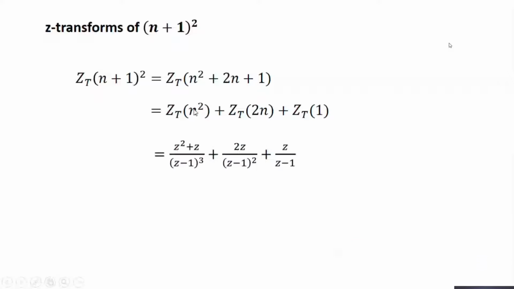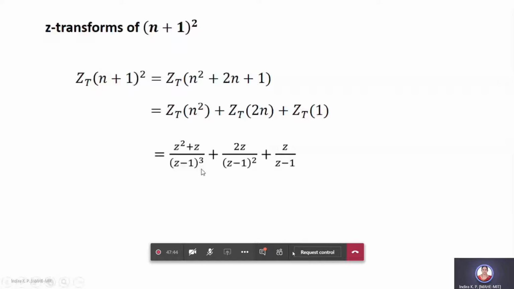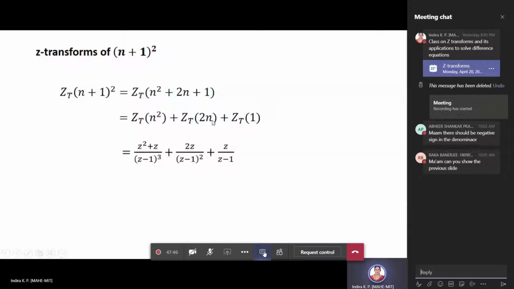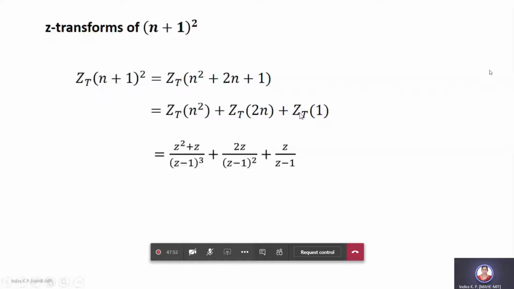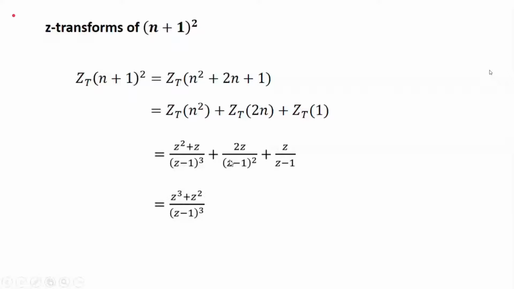Now what is the z transform of n squared? It's z squared plus z by z minus 1 whole cube. What is the z transform of 2n? 2z by z minus 1 whole squared, and the z transform of 1 is z by z minus 1. So make z minus 1 whole cube the common denominator, and it simplifies to z cube plus z squared.